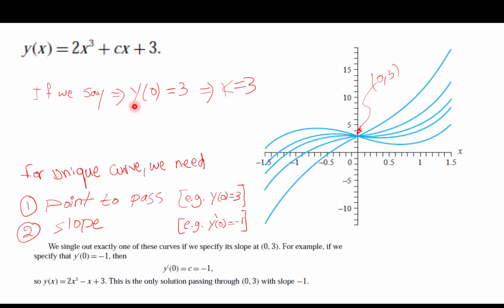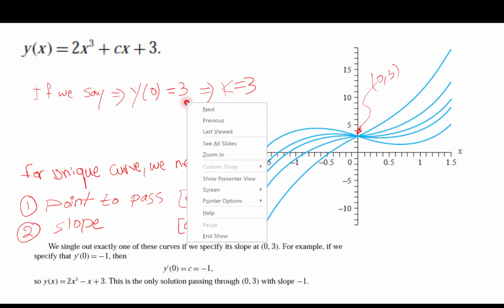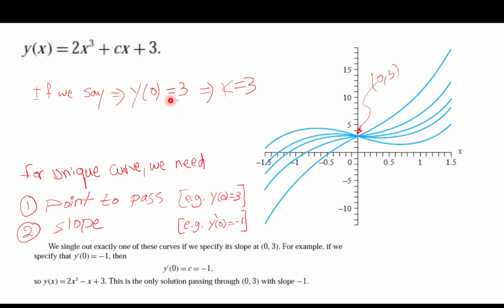This is because we used what we call an initial condition, where x assumes a value of 0 and the output function is going to be 3, which is the value of y, or the function. After substituting back in our equation, we find that this is the equation.